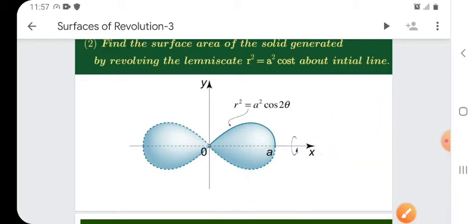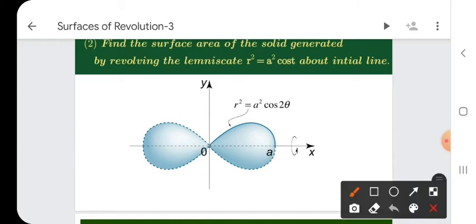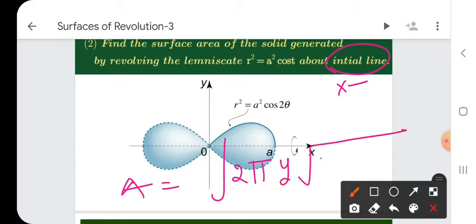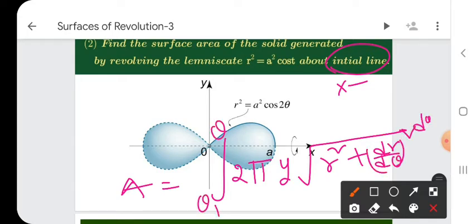On the initial line, meaning x axis, the area equals integral 2 pi y root of r square plus (dr by d theta) whole square d theta, with limits theta 1 to theta 2. By substituting in this formula we get only half the area, so I double it and get the full area of the given solid.